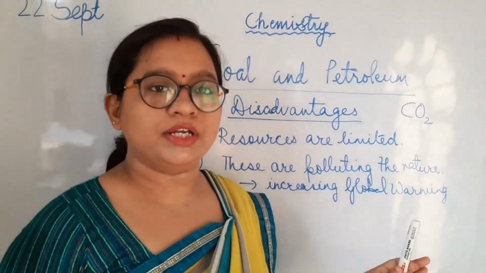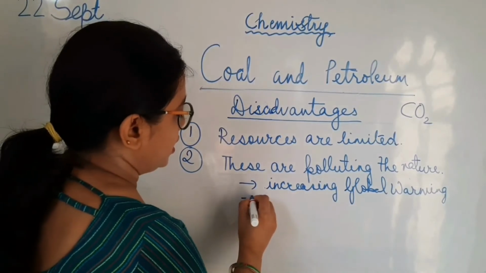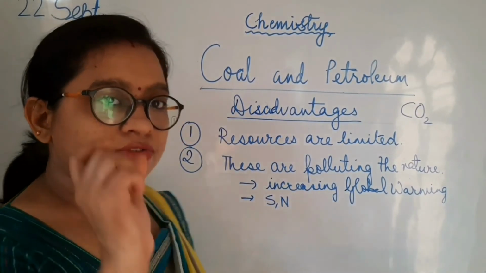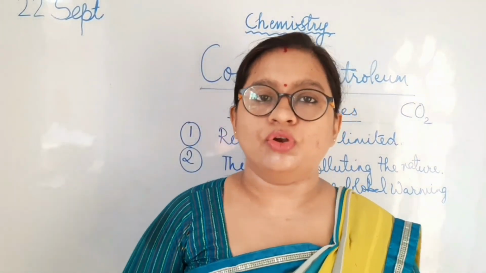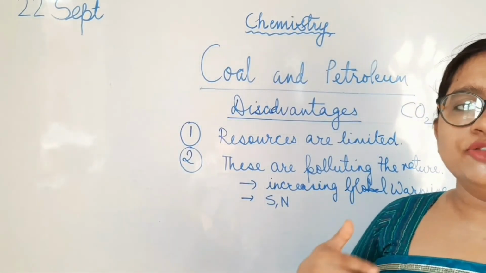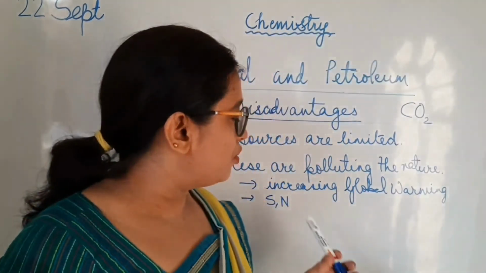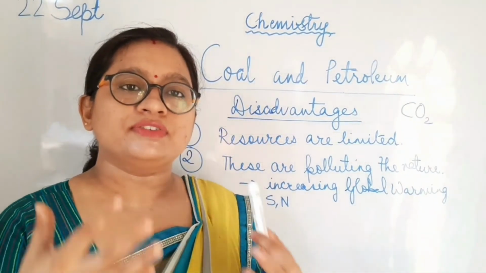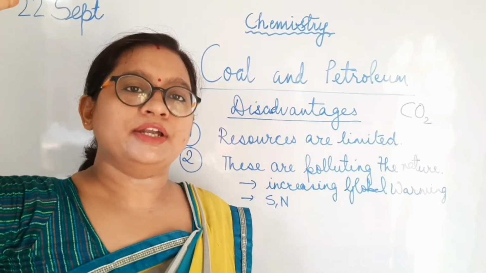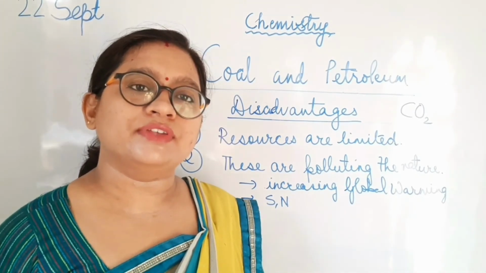Now what is the next disadvantage of it as a polluter? Second, there are sulfur and nitrogen present in coal, especially traces of sulfur and nitrogen. So whenever sulfur and nitrogen burn in the presence of oxygen, they produce sulfur dioxide and nitrogen dioxide. Now this sulfur dioxide and nitrogen dioxide, once inhaled, will cause a lot of respiratory problems, and if it goes up in the atmosphere, it will mix with the rainwater and come down as acid rain.